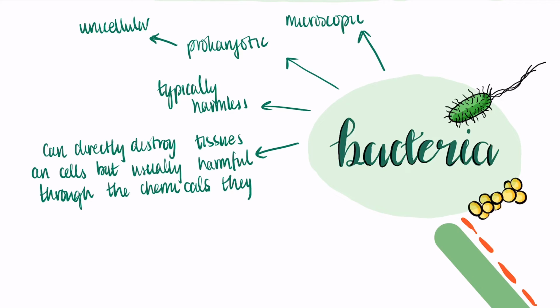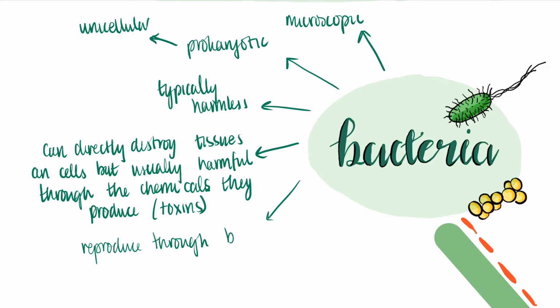However, when they do cause damage, they can directly destroy tissues and cells, but usually it's actually that they're harmful through the chemicals that they produce. And what we say is that these are called toxins. So through their normal metabolism, they release chemicals into the environment around them, their extracellular environment, and those toxins and chemicals can damage tissues and cells.